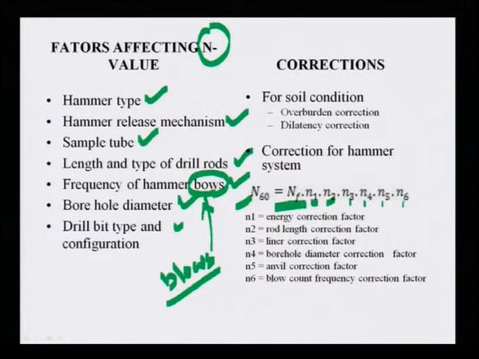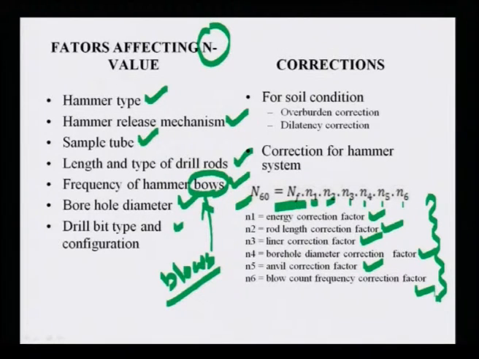N1 is your energy correction factor, N2 is your rod length correction factor, N3 is your liner correction factor, N4 is your borehole diameter correction factor, N5 is your anvil correction factor, N6 is your blow count frequency correction factor. These are the required corrections you have to apply.